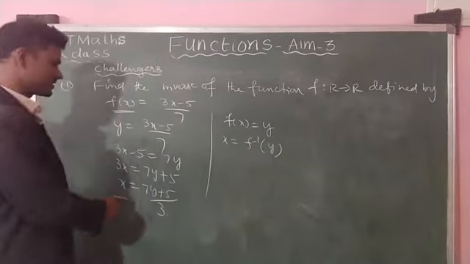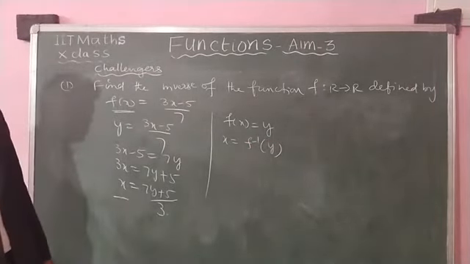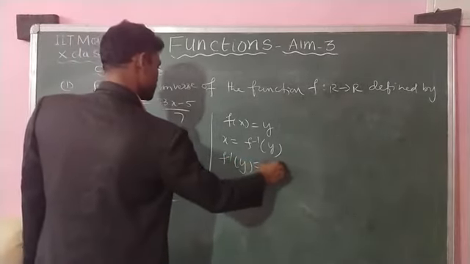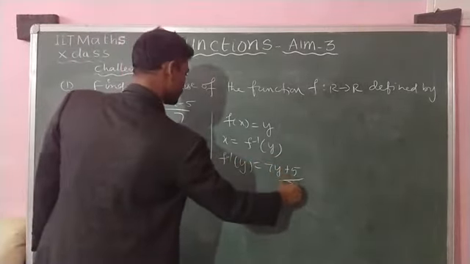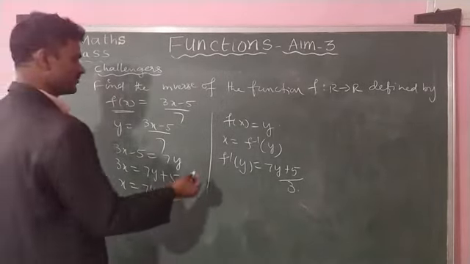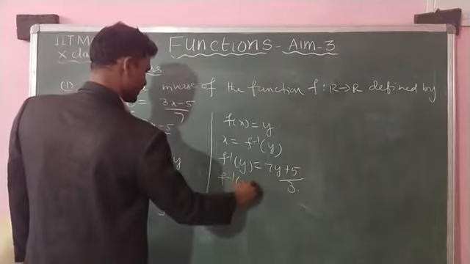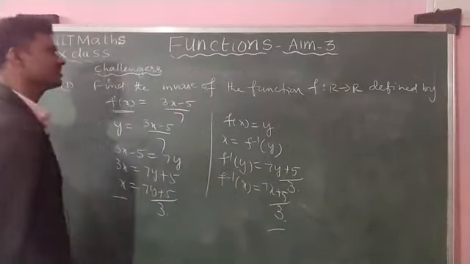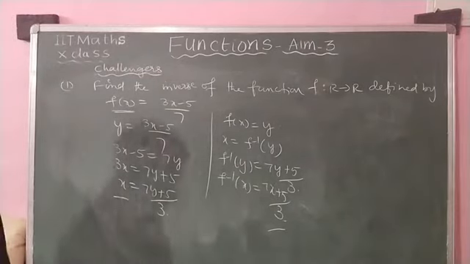Both are x, so the right sides are also equal. Then f inverse of y is equal to (7y plus 5) by 3. Then instead of y, you can substitute x or some variable. Then f inverse of x is equal to (7x plus 5) by 3. This is the inverse of the given function. Note down.